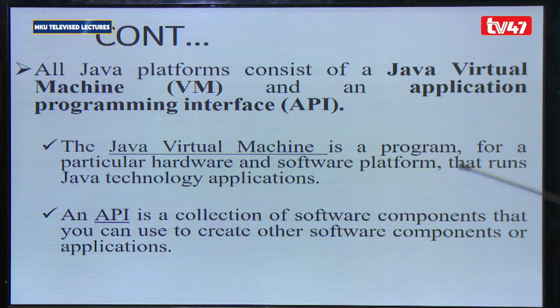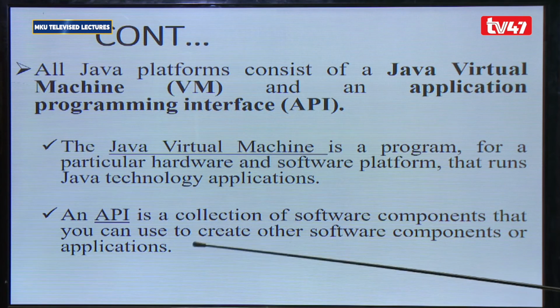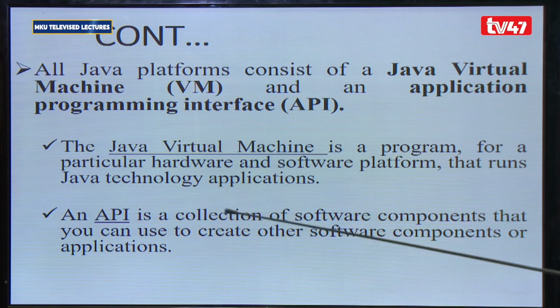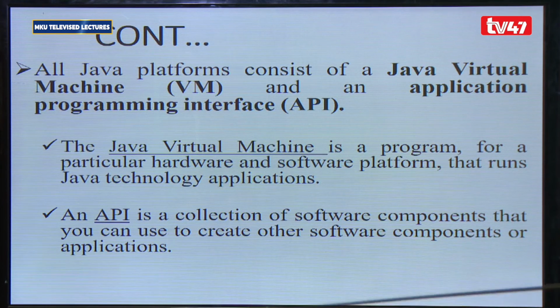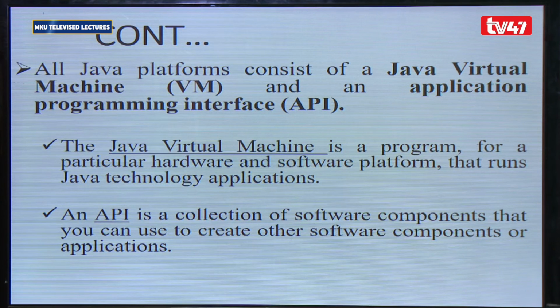This is a program for a particular hardware and software platform that runs Java technology applications. So you have to have a Java virtual machine for you to run any Java technology. The other thing is an API, a collection of software components that you can use to create other software components or applications.